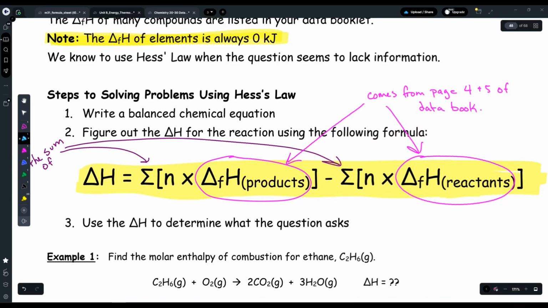And last but not least, we have these moles. They're just going to come from the coefficients of your balanced chemical equation.